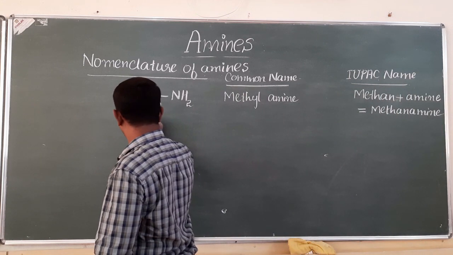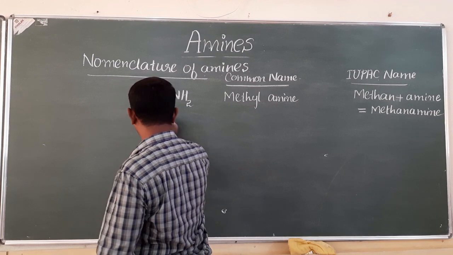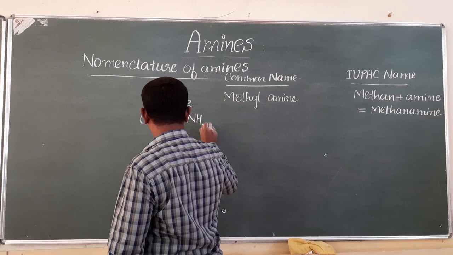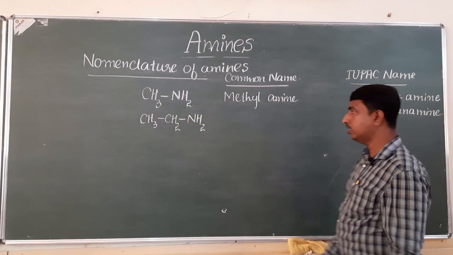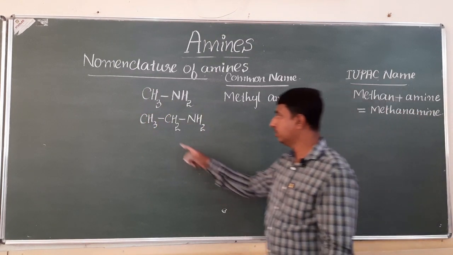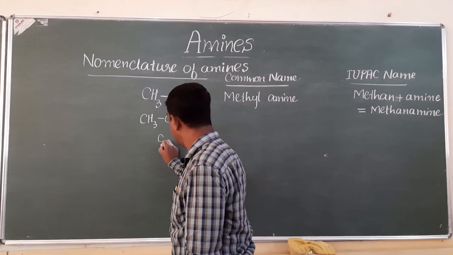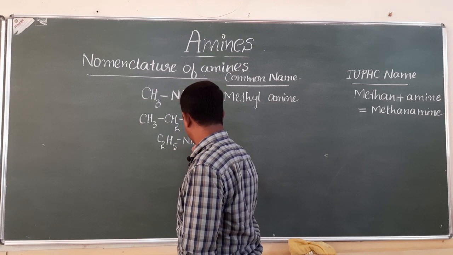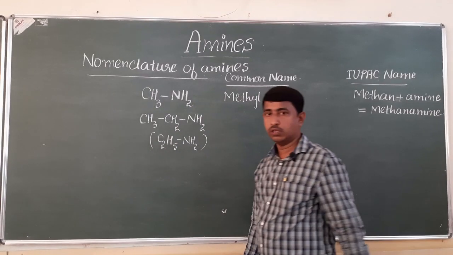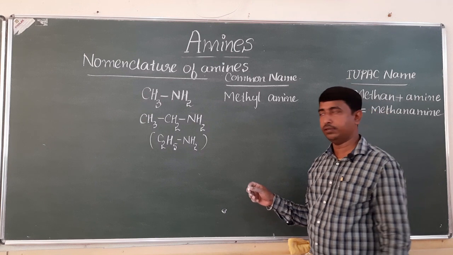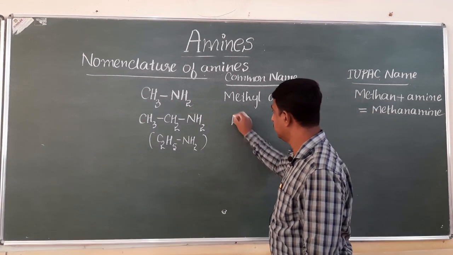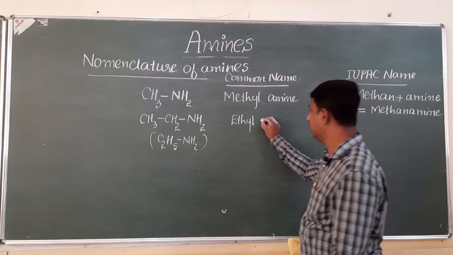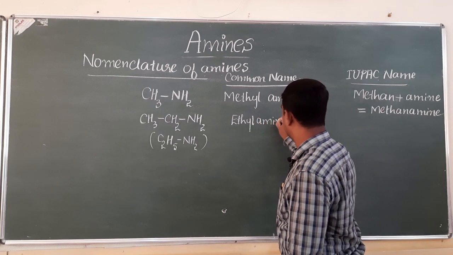Second one, CH3CH2NH2, which can also be written as C2H5NH2. C2H5 is the ethyl group, so it is ethylamine.